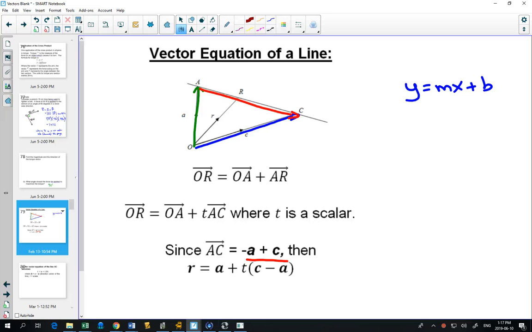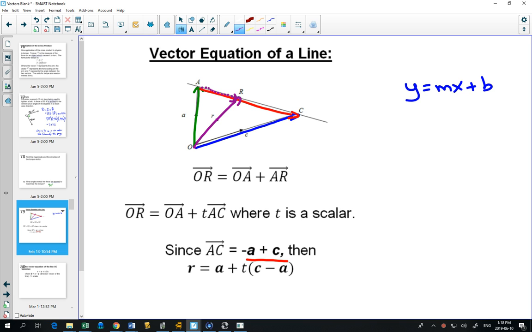Now, if I wanted to find another point on the line, so I pick a random point on the line R. There's my position vector R. I could get to R by starting at A and going in the direction of AC by some proportion.